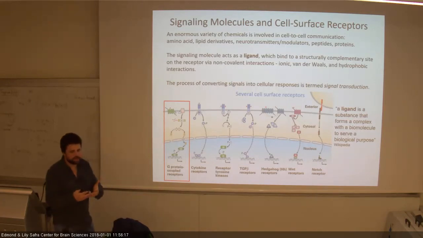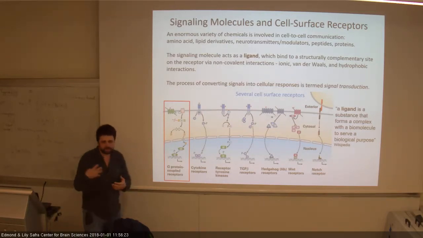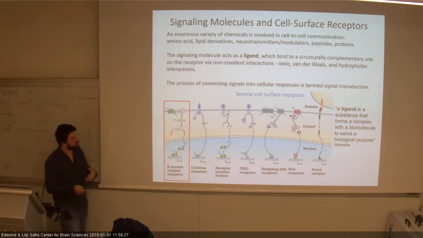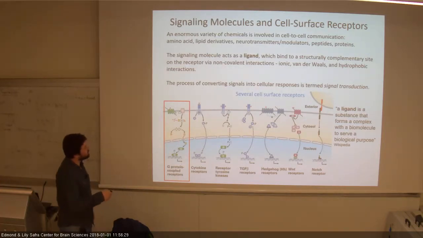It's a way that cells talk to one another, and the way that the messages are interpreted inside the cell itself. There are a lot of different types of pathways by which a signal can be interpreted, and also many types of signals that cells can communicate between one another.